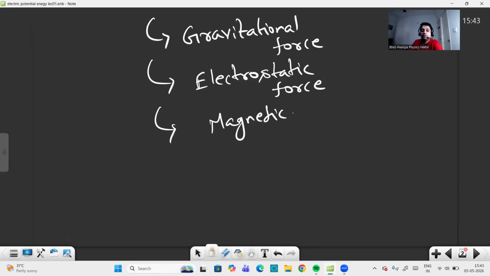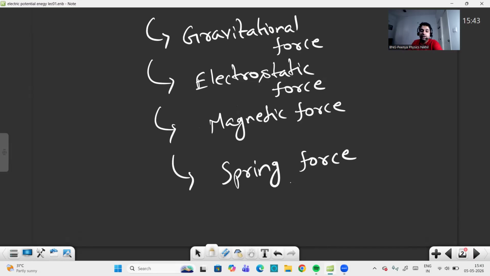These types of forces are field forces, and these are conservative forces. Spring force is also an example of a conservative force.